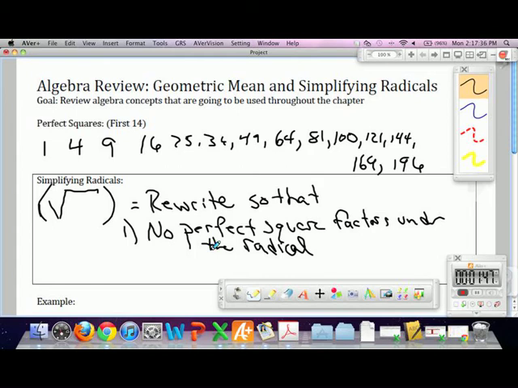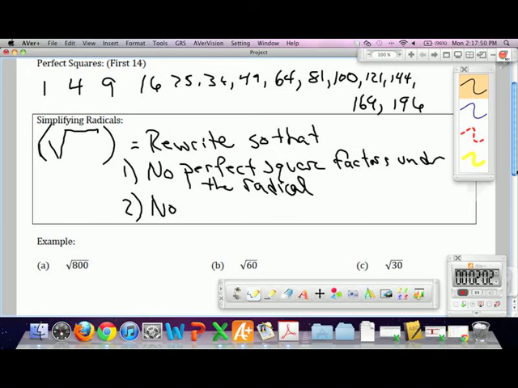We do two things. First, we write it so there are no perfect square factors under the radical, none that could get multiplied evenly into the numbers there. And also, we want no radicals under a fraction bar, no radicals in the denominator of a fraction.